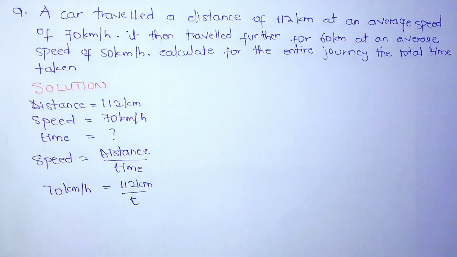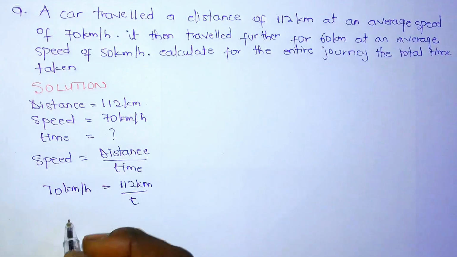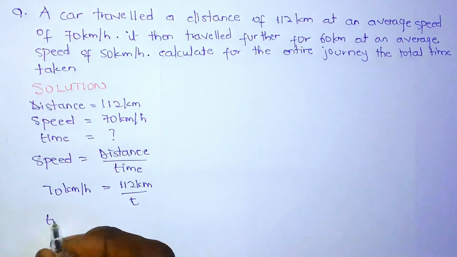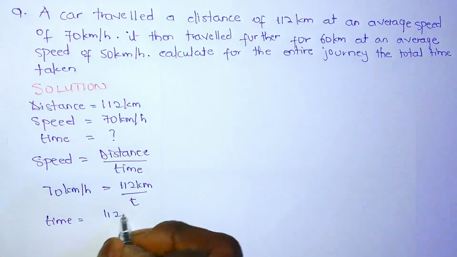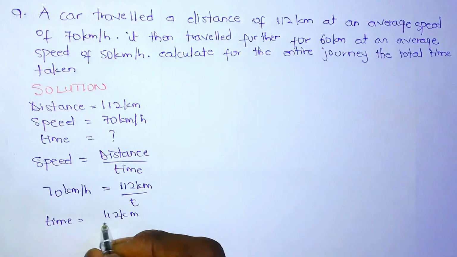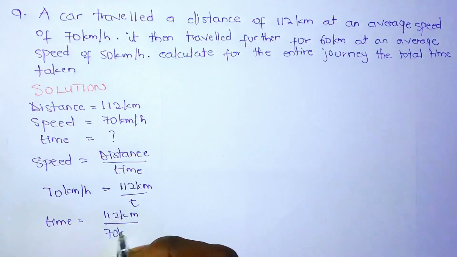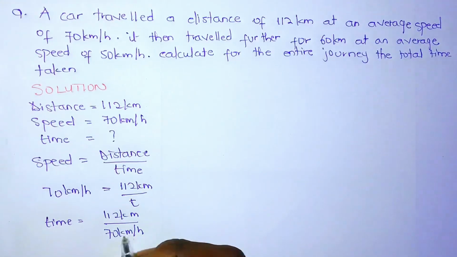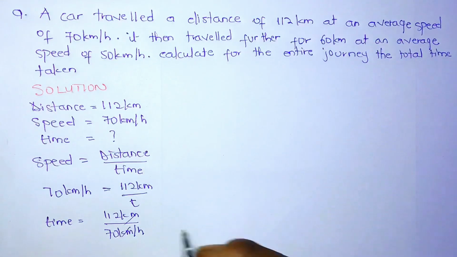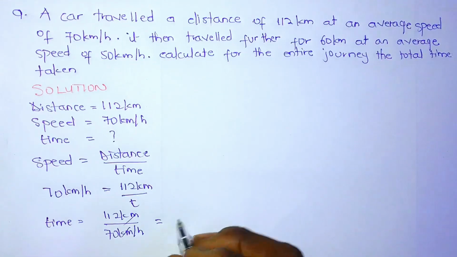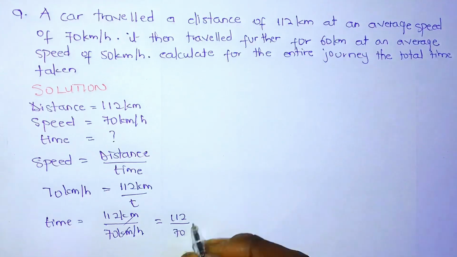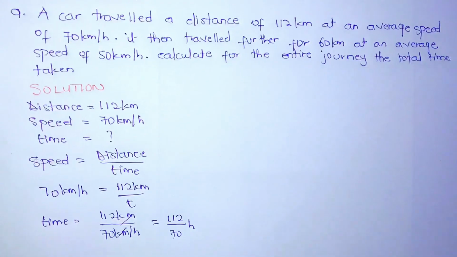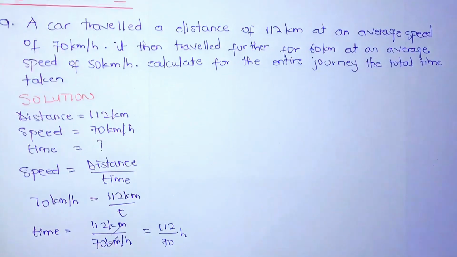If we make t the subject, we get time equal to 112 kilometers over 70 kilometers per hour. Kilometers cancel kilometers, and this gives us 112 over 70 hours. I won't change this to decimal. So this is the first journey.